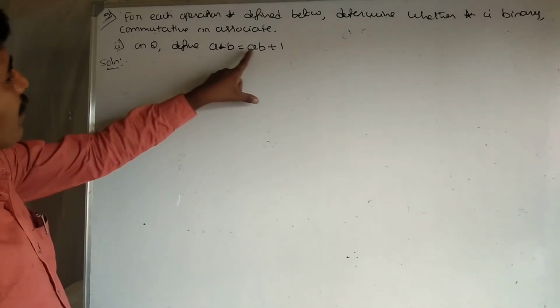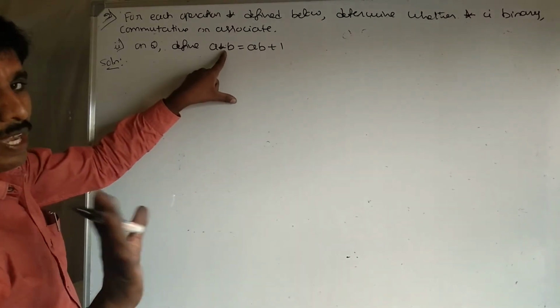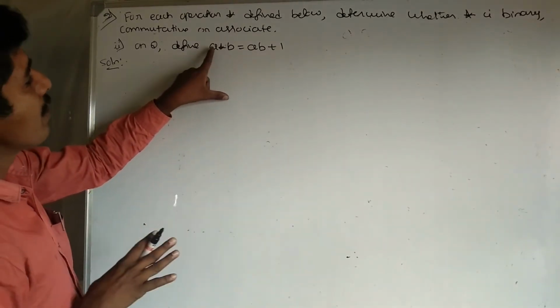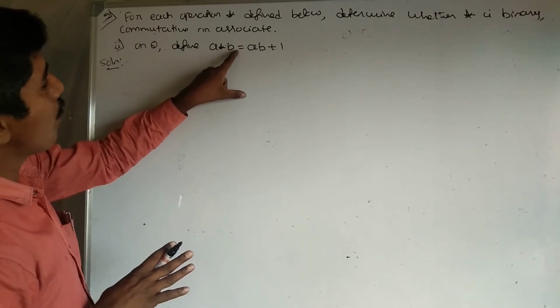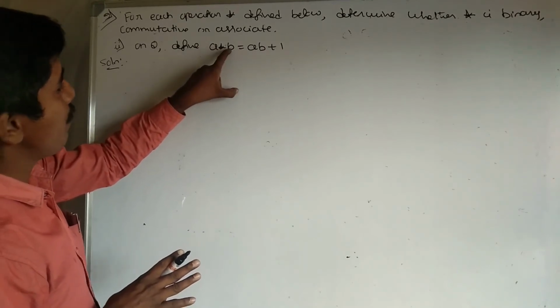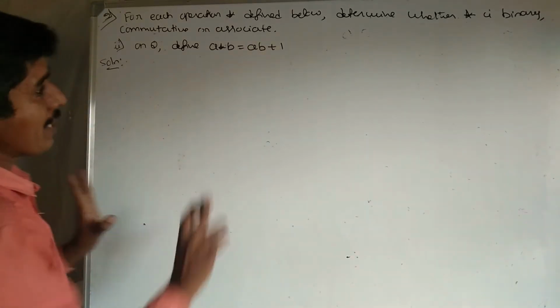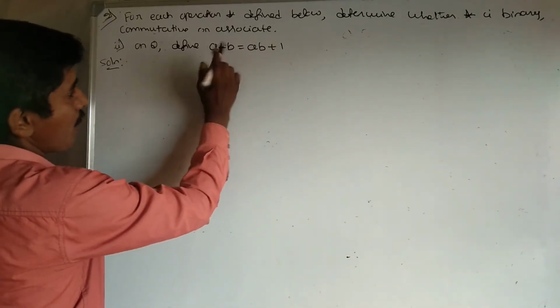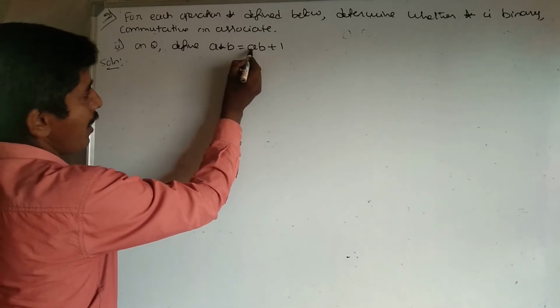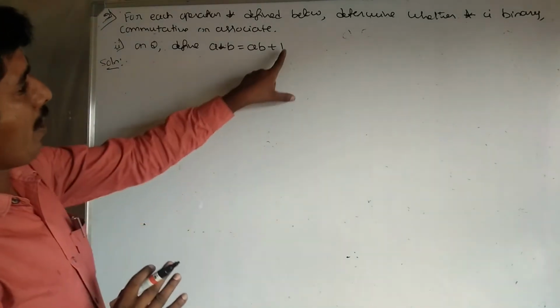Mind it, a very important thing is how the binary operation is defined: A star B equal to A into B plus 1. Clearly 1 is a rational number.